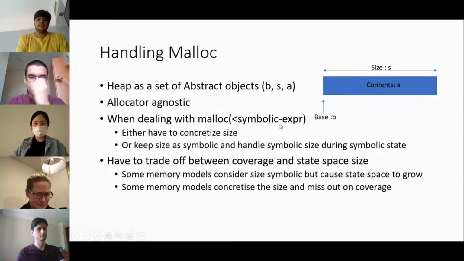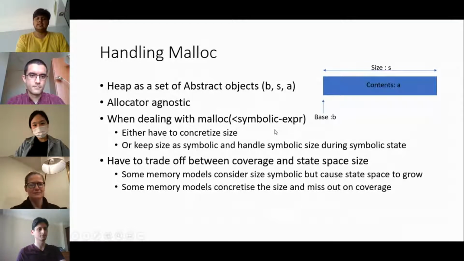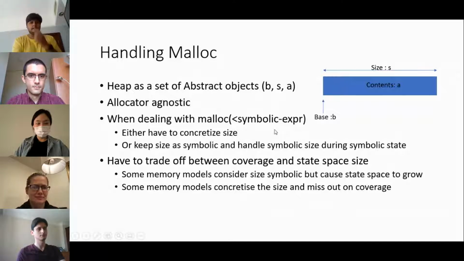Here you either have to concretize, because we don't know what this symbolic value is, and pick one value out of many possible evaluations, or we keep the symbolic expression that came in as the size variable symbolic, and deal with whatever side effect it creates, and in our transfer functions we have to take care of those.